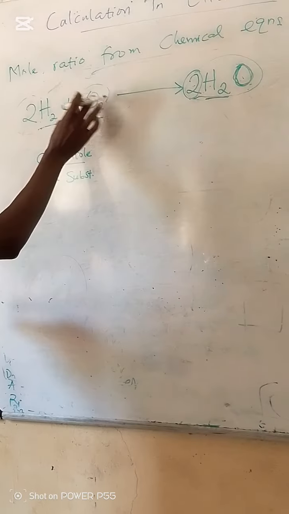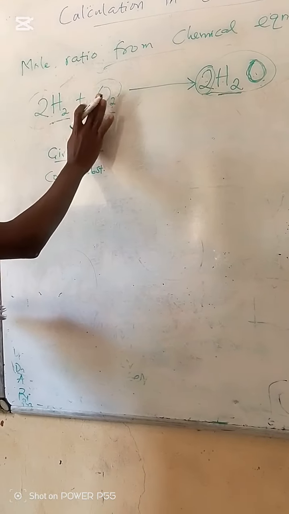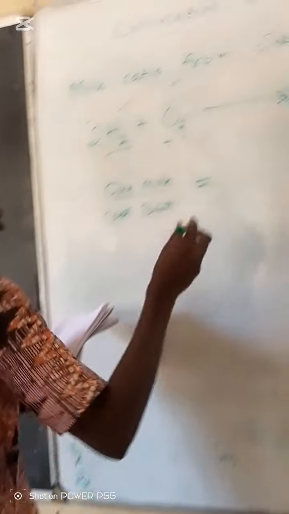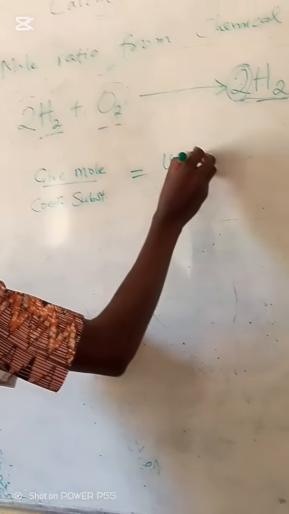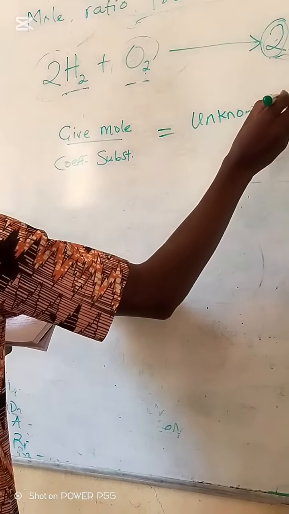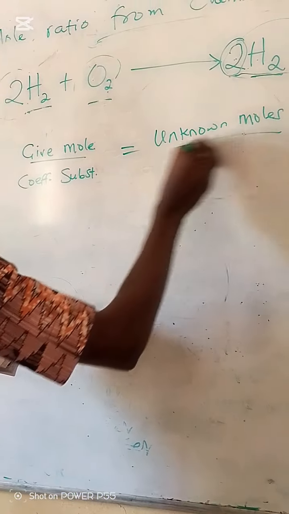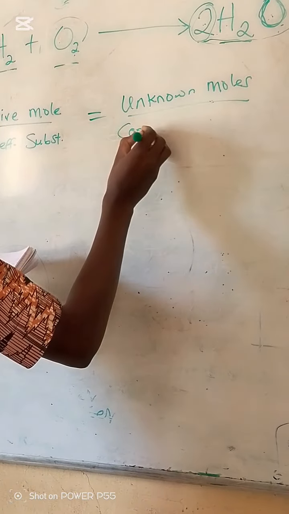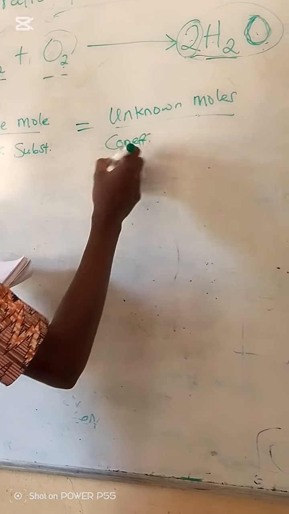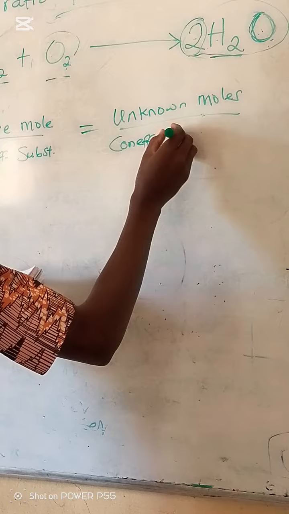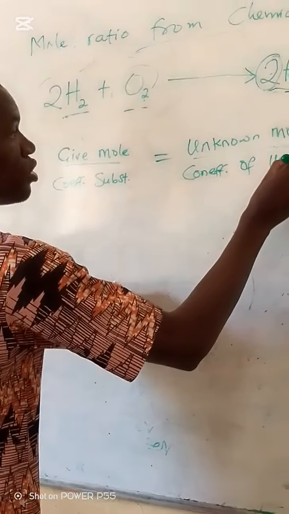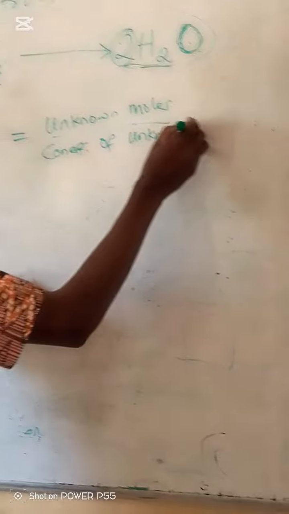Coefficient of oxygen is what? 1. It's not written if it is 1. It's equal to unknown moles all over coefficient of the unknown substance. I won't write it in full, please just understand.